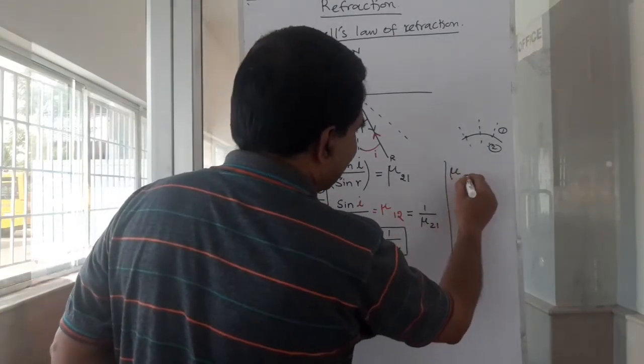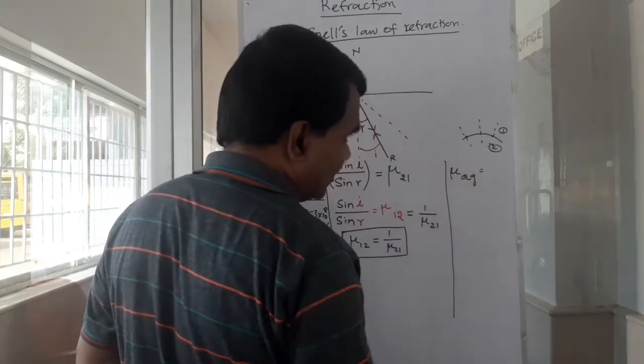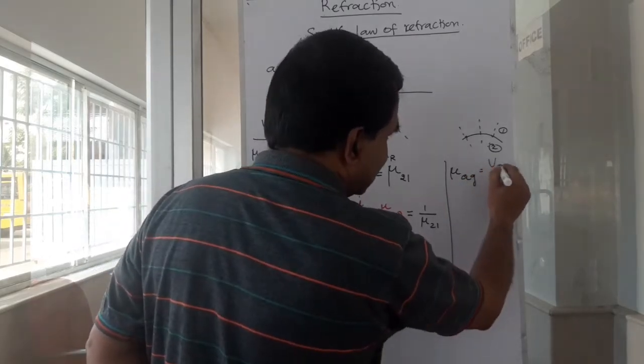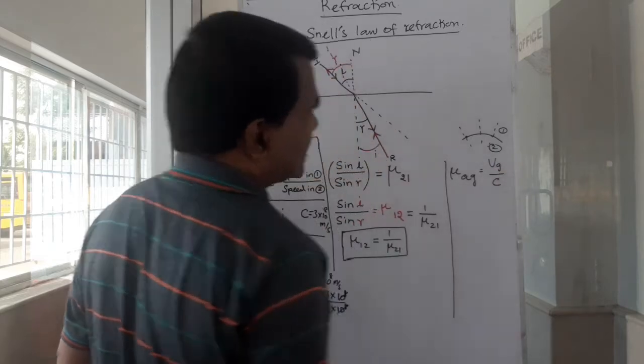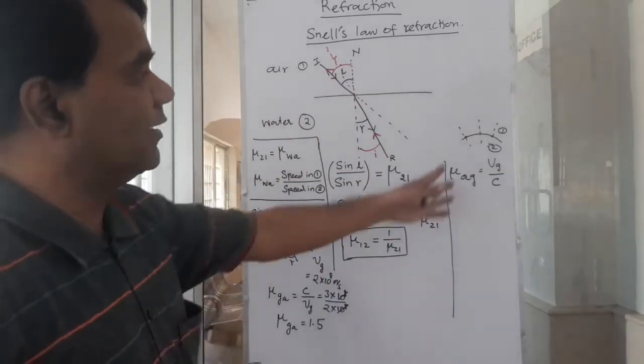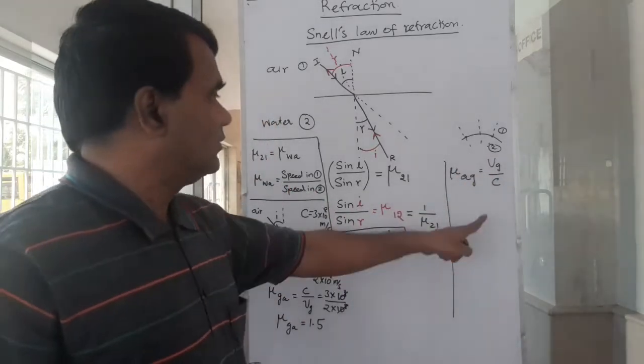Refractive index of air with respect to glass will be equal to the velocity in glass divided by the speed in air. Okay, so this is a smaller number than this.